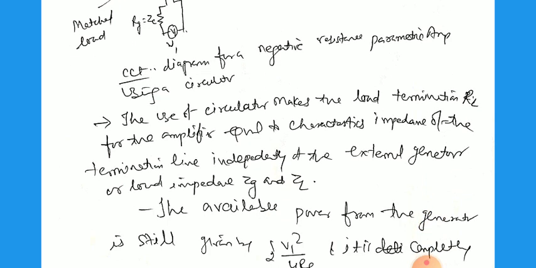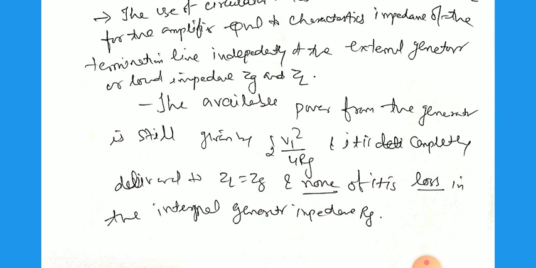So use of the circulator makes the load termination RL for the amplifier equal to the characteristic impedance of the terminating line, independent of the external generator or load impedance Zg and ZL. The available power from the generator is still given by 1/2 Vi square divided by 4Rg, where Rg is the resistance of the generator and Vi the input signal.